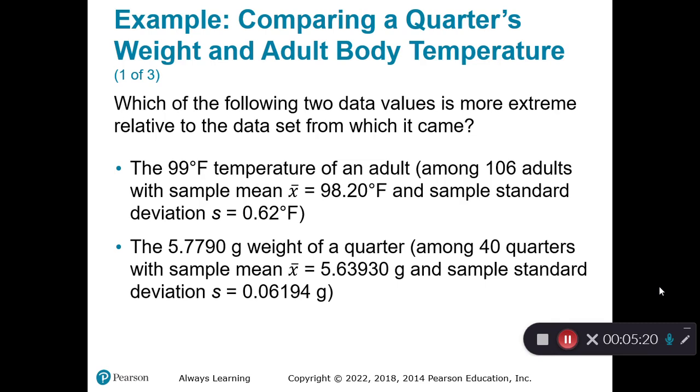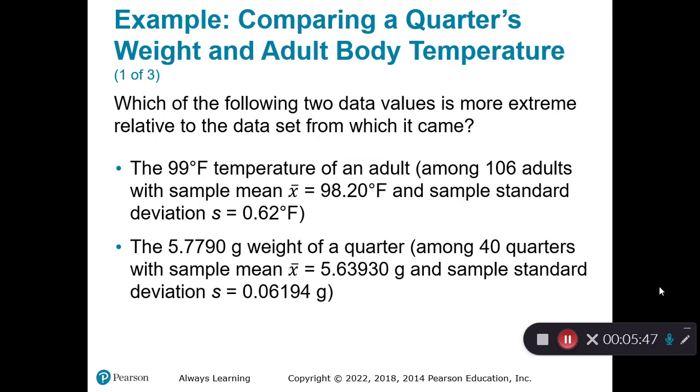The sample standard deviation for the data set is 0.62 degrees Fahrenheit. And we want to see if somebody who has a temperature of 99 degrees Fahrenheit would be considered to be within the normal or expected range, or whether that 99 degrees Fahrenheit is so extreme that we would consider that to be a significant result.